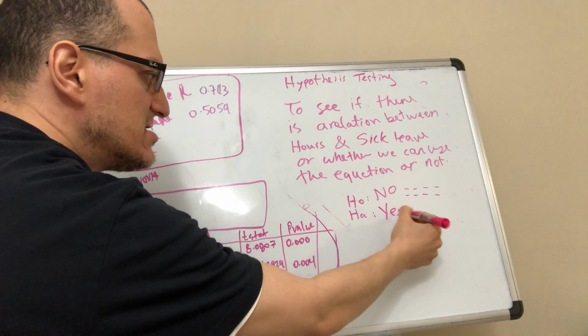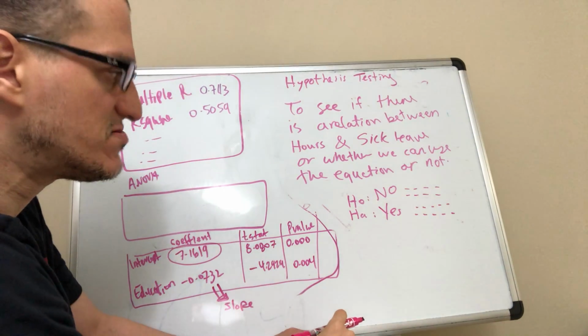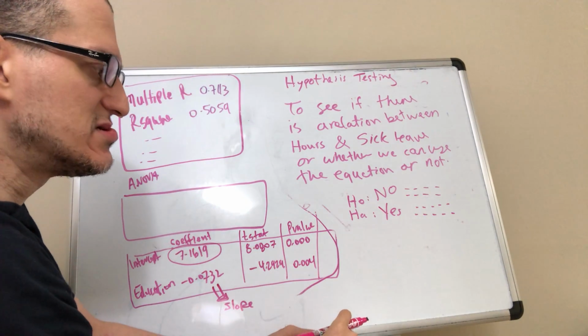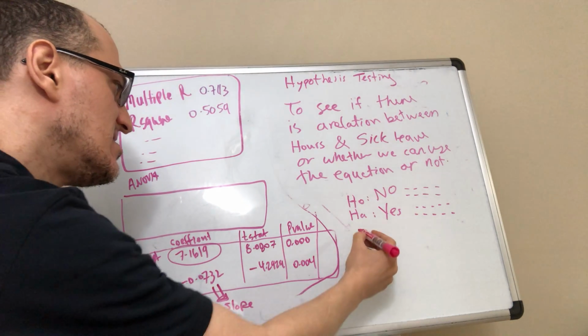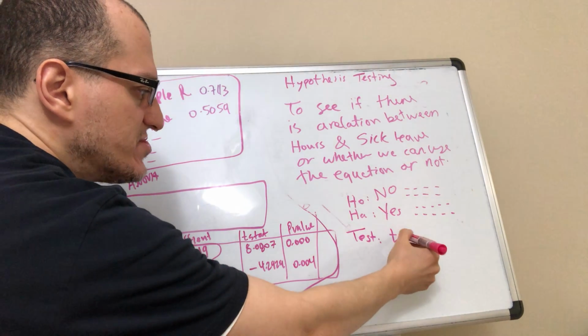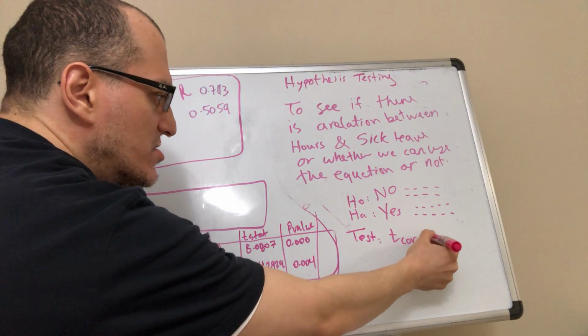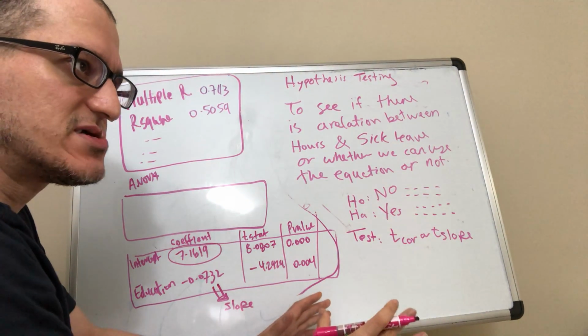And HA would be yes, there is an equation, yes, we can use the equation, yes, there is a relationship. For the test, you put T-core or T-slope, because they both give you pretty much the same answer.